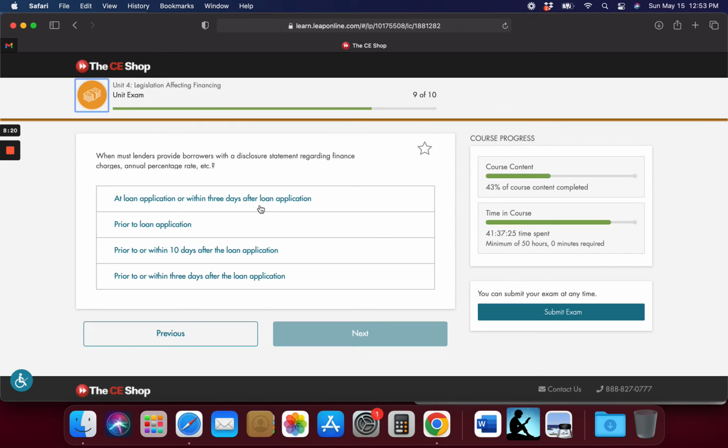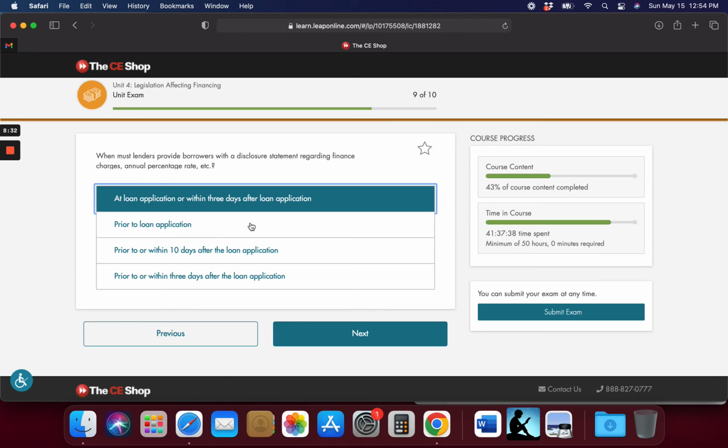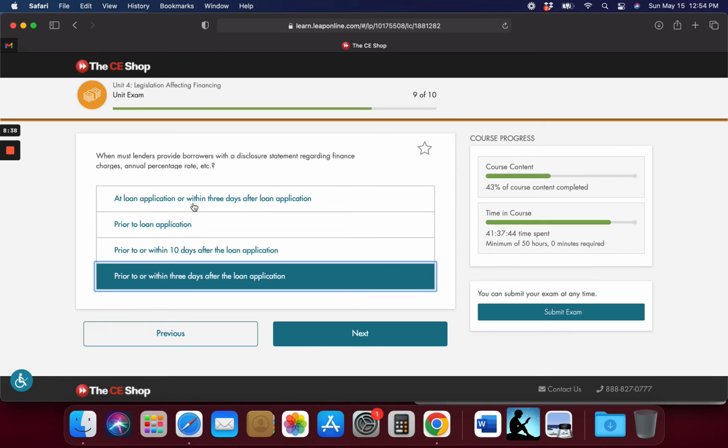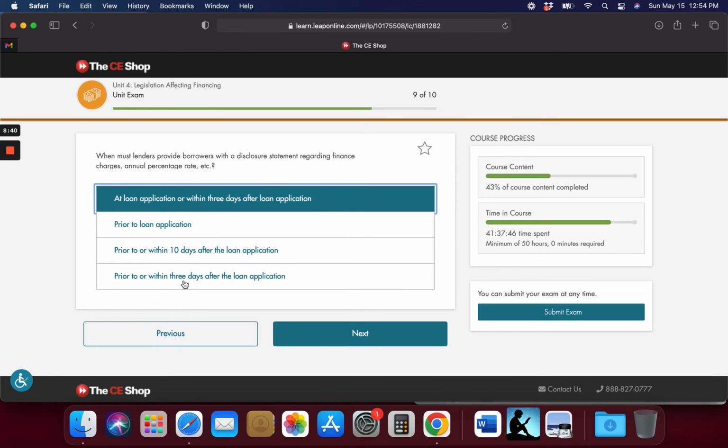So, what must lenders provide buyers with a disclosure statement regarding finances, charges, annual rates? I want to say this one. Prior to, or within 3 days of the loan application. Is it the loan application or prior to?